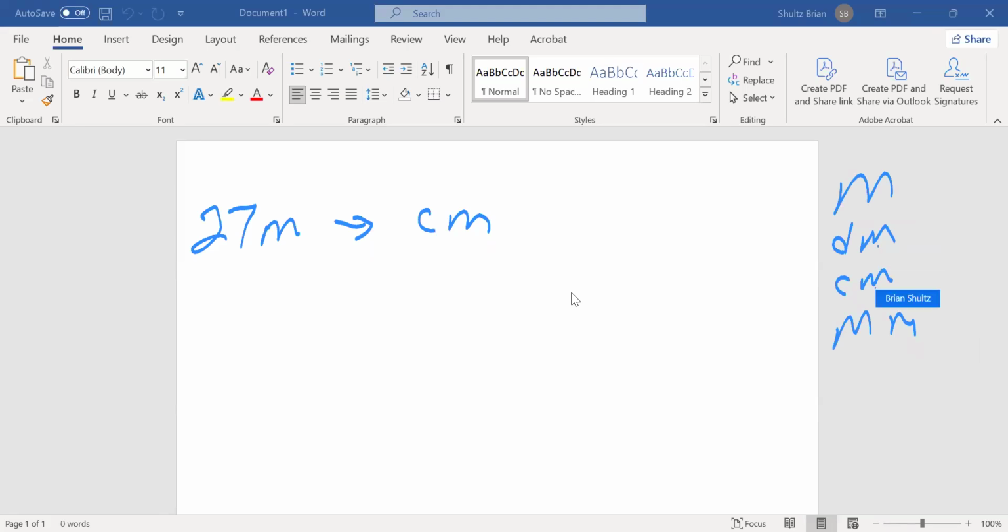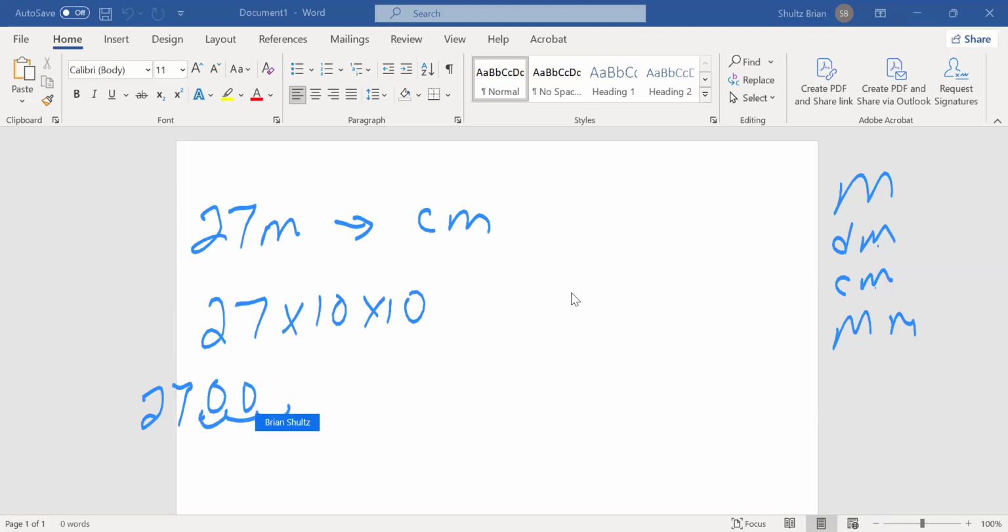So I'm going to take 27 times 10 for the first one, times 10 for the second one, which means I'm going to move my decimal, I'm just going to write it here. Here's my decimal. 3 places bigger or right, 1, 2, 3. The number should get larger. So I've got 27,000 centimeters.